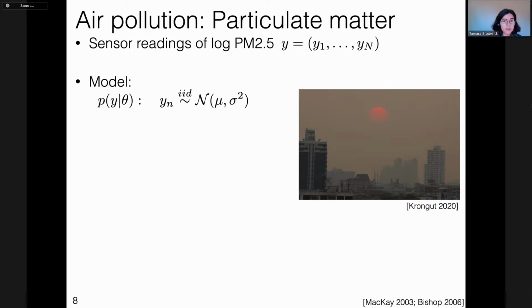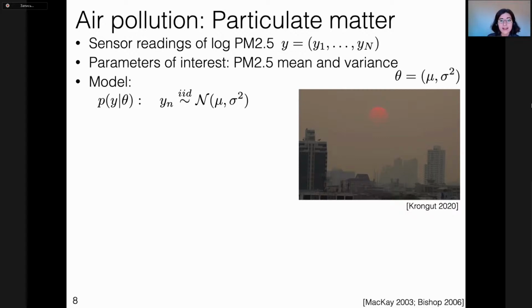And what we're trying to figure out is something like what is the actual PM 2.5 concentration wherever our sensor is. And maybe we also don't know what our sensor's noise is. Maybe it's a noisy sensor and we'd like to learn that as well. That's what this model encodes. Here, theta, our parameters, our unknowns, are exactly this. We don't know the mean of PM 2.5, which we imagine is the actual concentration at this location.